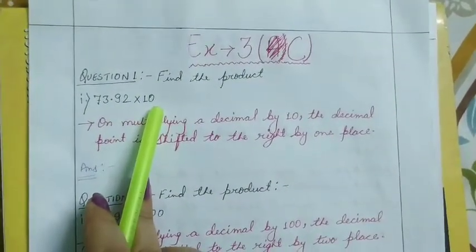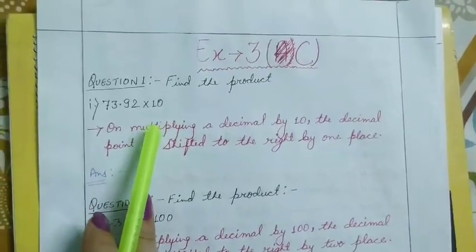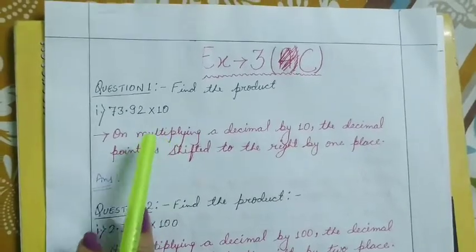If we multiply a decimal number by 10, 100, 1000, there are some rules. See the rule.